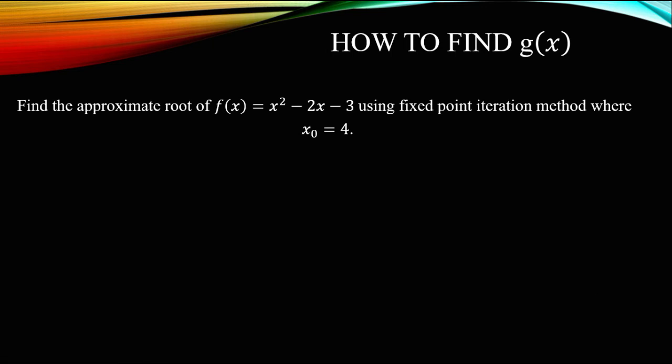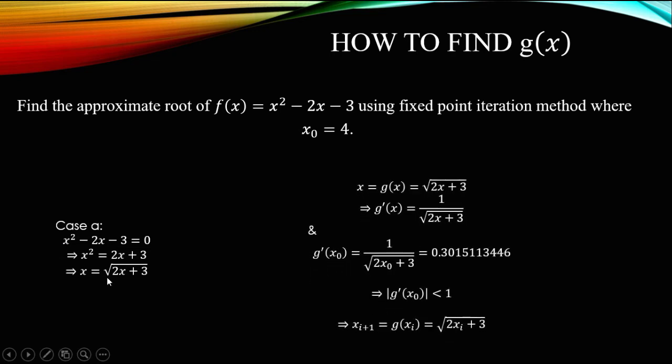If someone tells you to find the approximate solution of f of x equal to x square minus 2x minus 3 using the fixed point iteration method, if the value of x naught is given, well and good. Otherwise, you can find the value of x naught using the same concept as we discussed in the Newton-Raphson method. First, you need to solve for x.